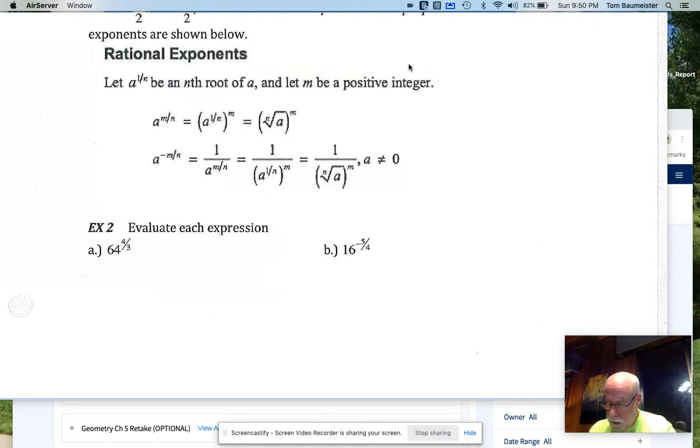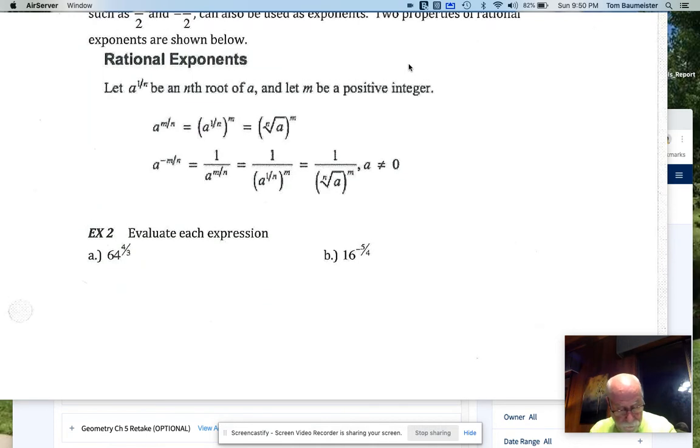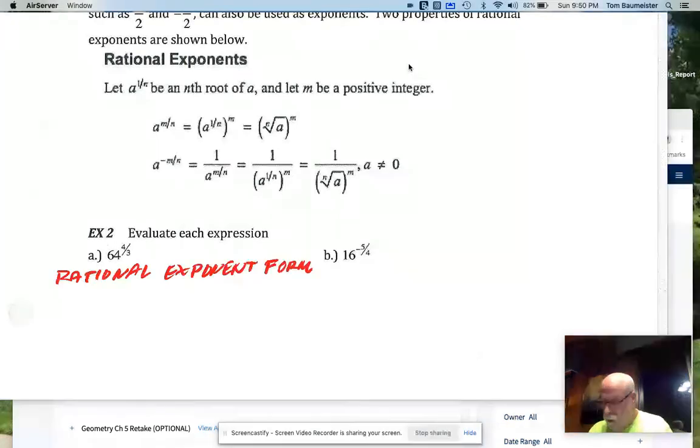So if I use the rational exponent form, that's telling me I have 64, and I'm raising it to the 4/3 power.